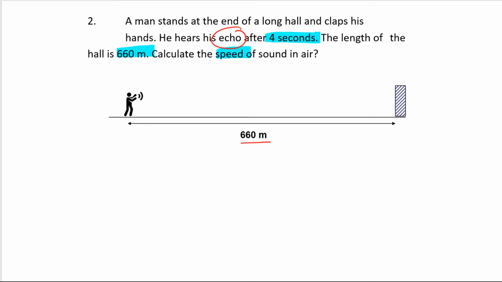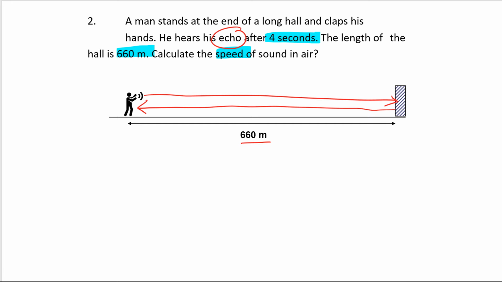For questions like this, it will be very helpful if you draw a simple diagram. In this case, the diagram is drawn for you, but it will still be very good for you to just draw some lines. So the man's sound is going to hit the wall, and then it comes back to him, and then you can hear it as an echo, right?